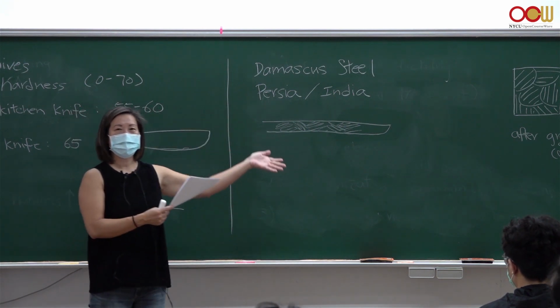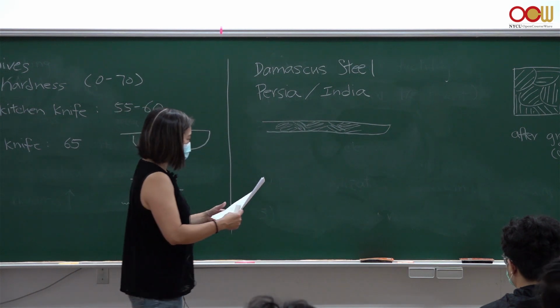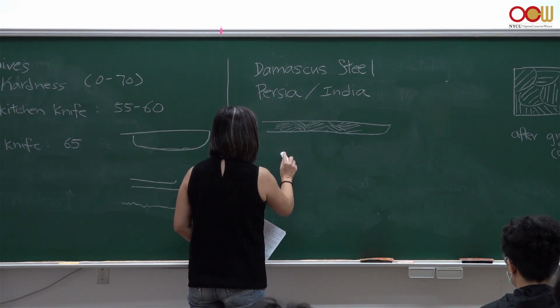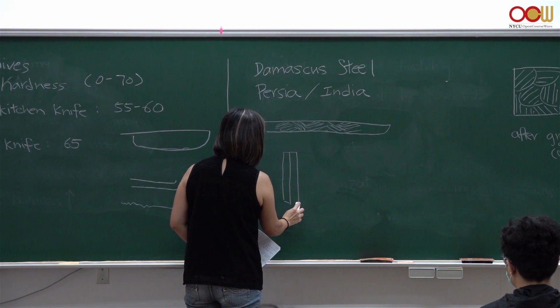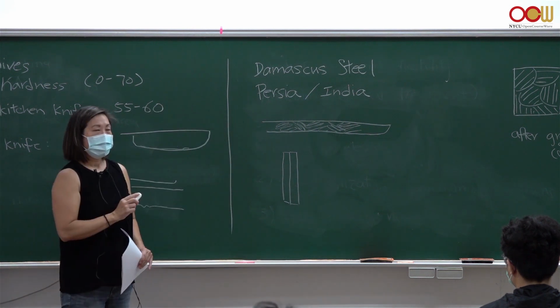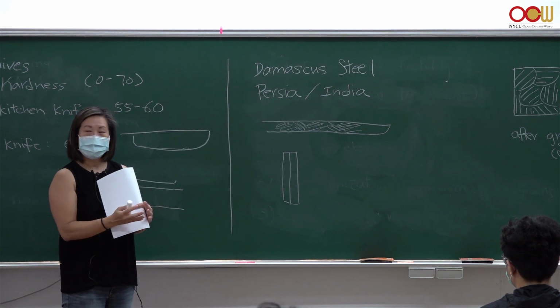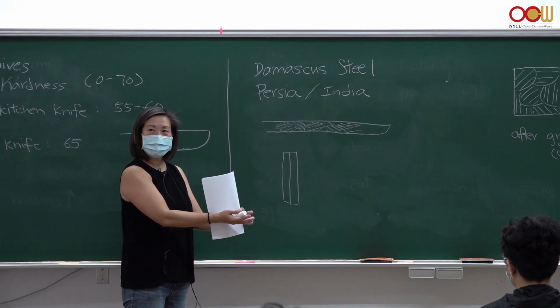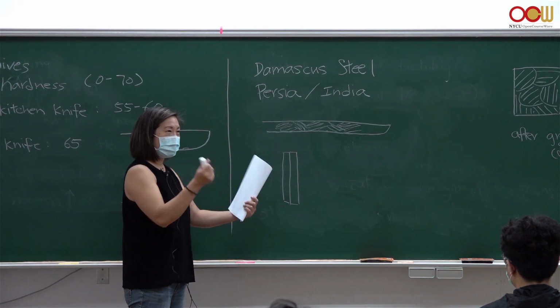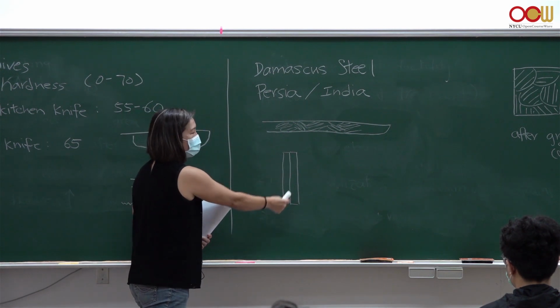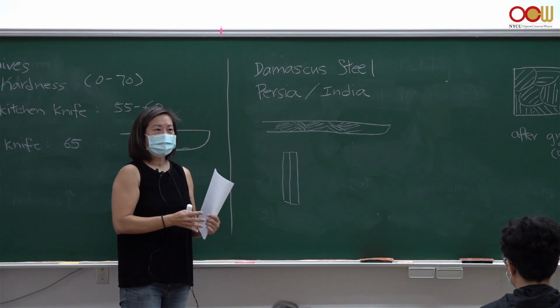And the way Bob Kramer makes Damascus steel is he takes 2 or more different kinds of steels, and he puts them next to each other. And then he puts that into a furnace, and then he cold works it so that these 2 steels are pounded together.